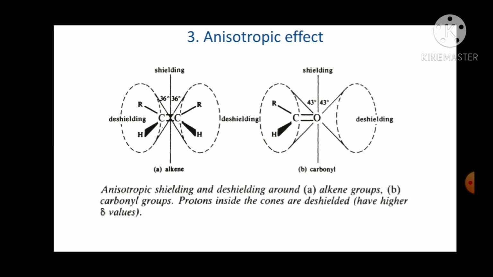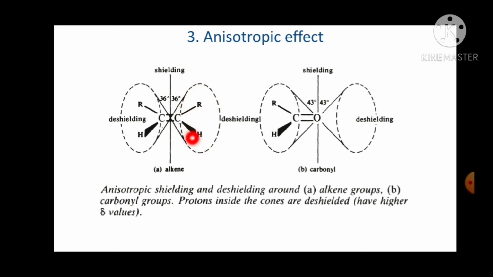This particular figure A represents anisotropic shielding and deshielding around an alkene proton. When we take an alkene molecule under the influence of the external magnetic field B0, the molecules arrange in this fashion, and the induced magnetic field is generated in this particular way.